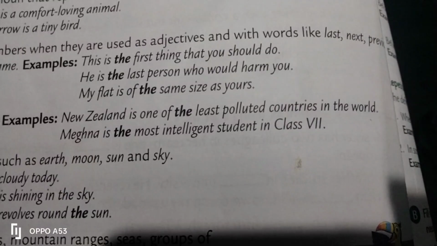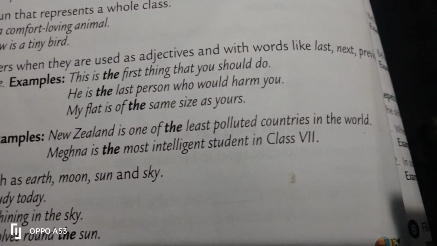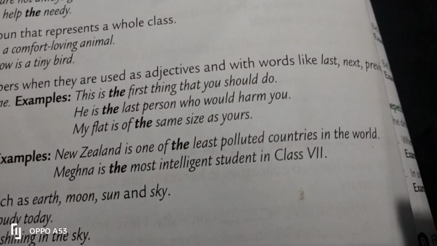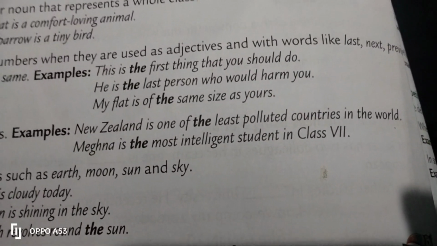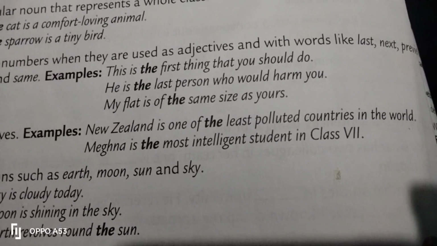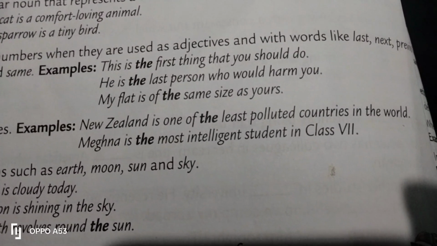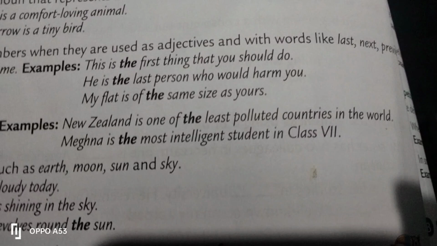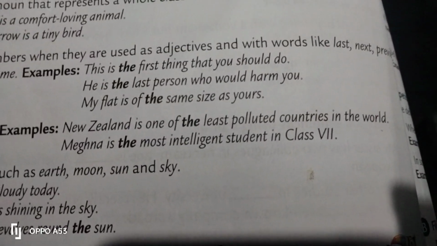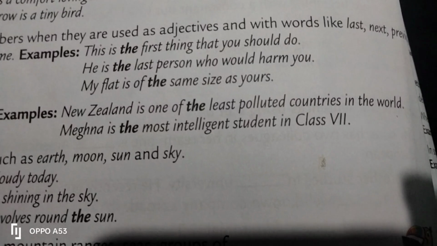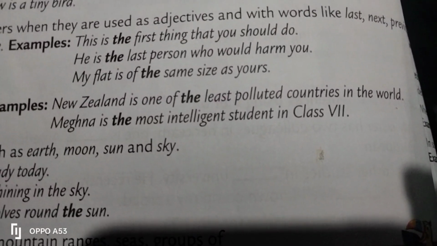Again, the sixth rule is that before superlatives, this is the easiest rule that you can remember. When we think about the degrees of comparison, you will come across positive, comparative, superlative. Before the superlative, we need to use the definite article the.